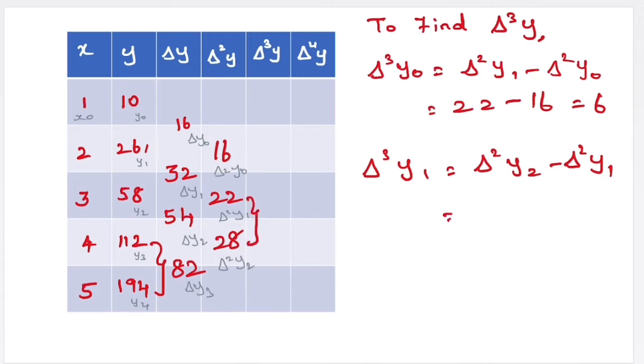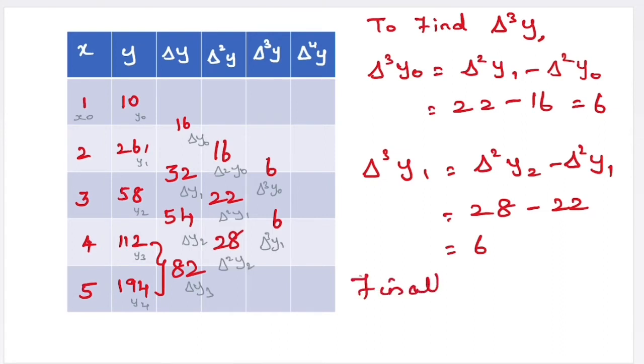That is 28 minus 22, which is equal to 6. Now put the values in the table. So this will become 6 and this is also 6. So this is del cube y naught and this is del cube y1.